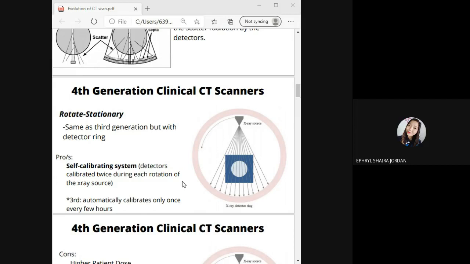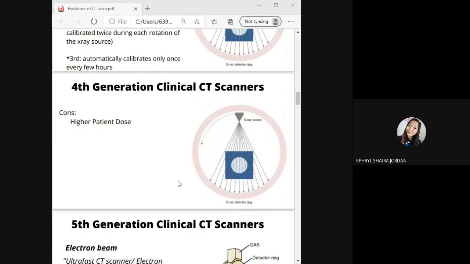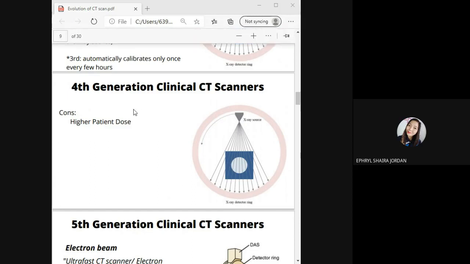So, ang cons naman or ang disadvantage ng fourth generation CT scan is a very large number of detectors na i-require niya, 'di ba? Kasi meron mang complete ring of detectors to accommodate the patient. So, as the number of detectors increases, it carries a substantial cost.